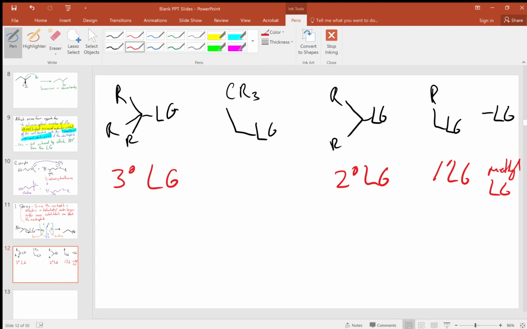This one here in the middle, you might notice the leaving group is primary. But it has a quaternary carbon next to it. And this is actually known as a neopentyl group.